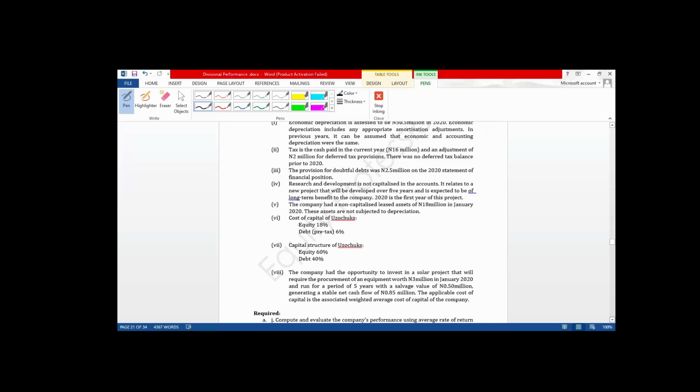The company had the opportunity to invest in solar projects that will require the procurement of an equipment worth 3 million naira in January 2020 and run for a period of 5 years with a salvage value of 0.5 million, generating a stable net cash flow of 0.85 million.